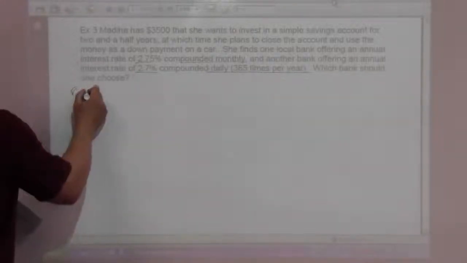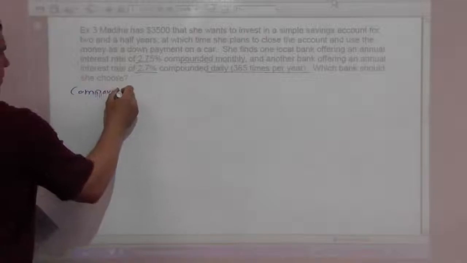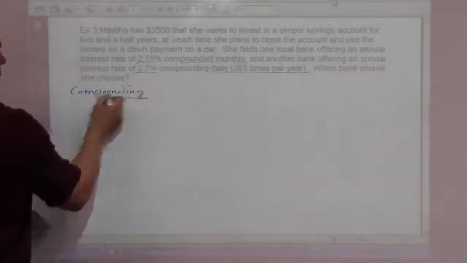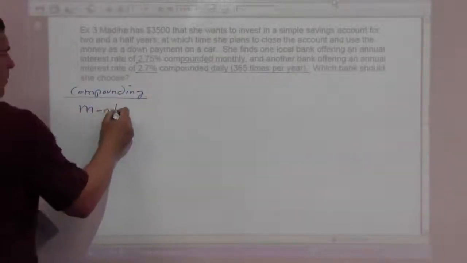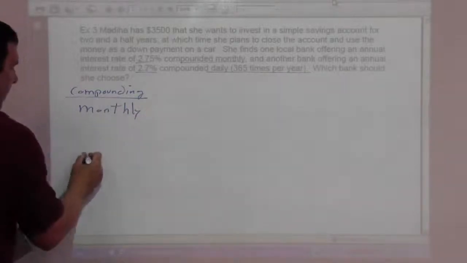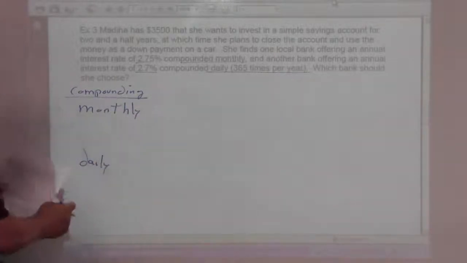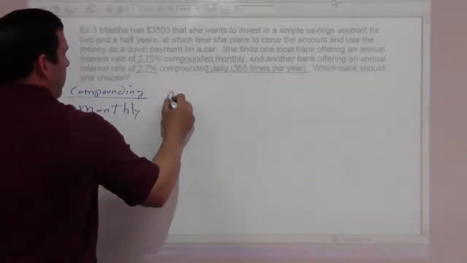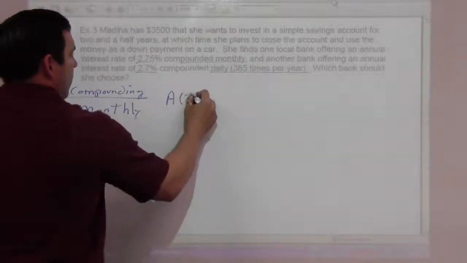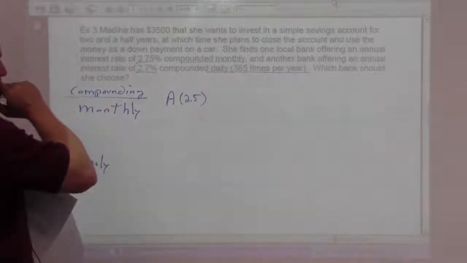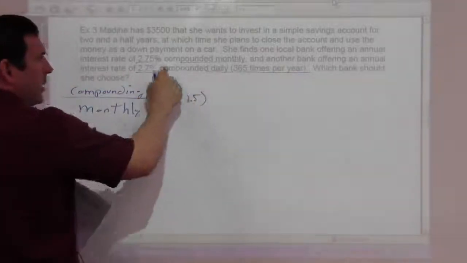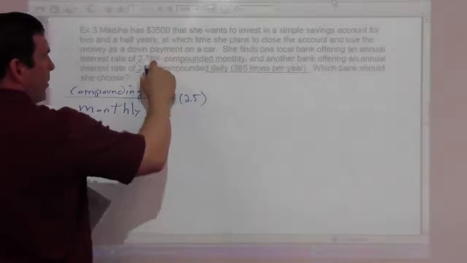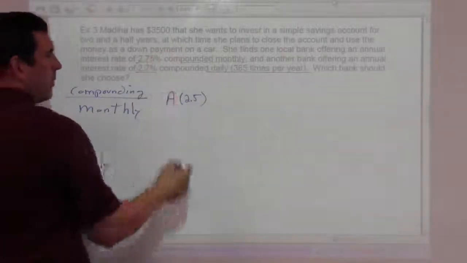So we're doing compounding. We have the two cases. We have the monthly case and we have the daily case. So for the monthly, the amount will be, after 2.5 years, and we're using years because it's a yearly rate. It's not a monthly rate. That'd be a great monthly rate.